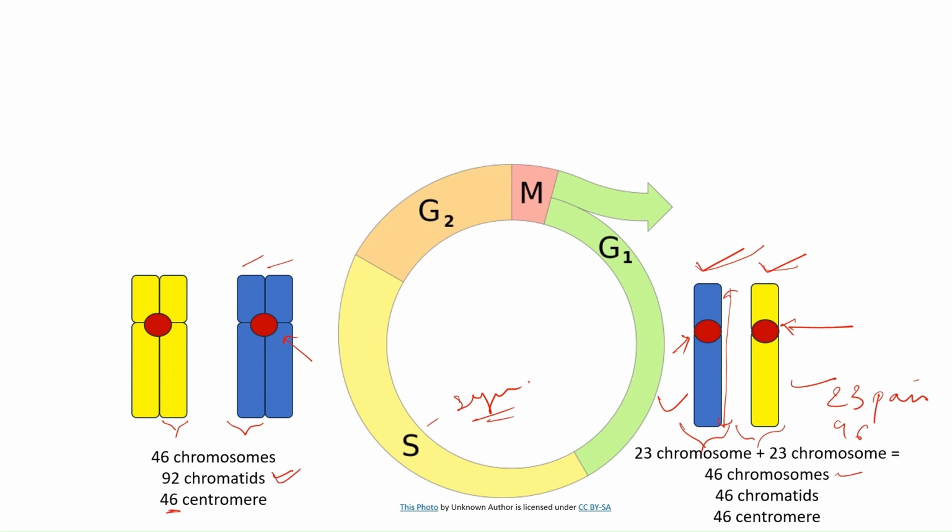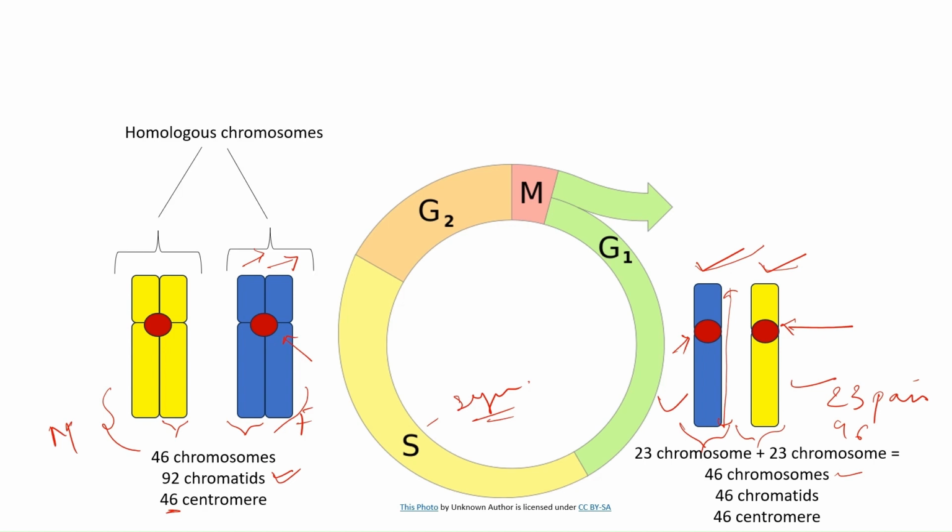In G1 phase there are 46 chromatids. Here each chromosome consists of 2 chromatids, therefore a total of 92 chromatids. So this set, blue, is from the father, and this set, yellow, is from the mother. From father and mother we get 46 chromosomes, single, and then in S phase we replicate them and make them double.